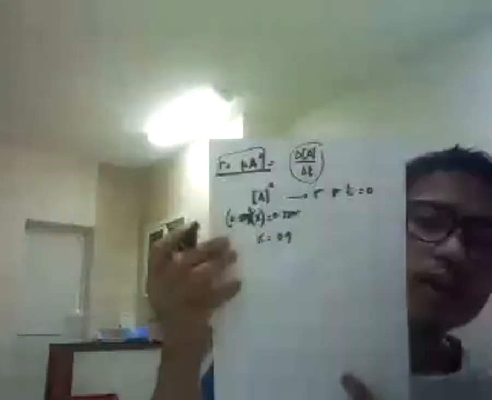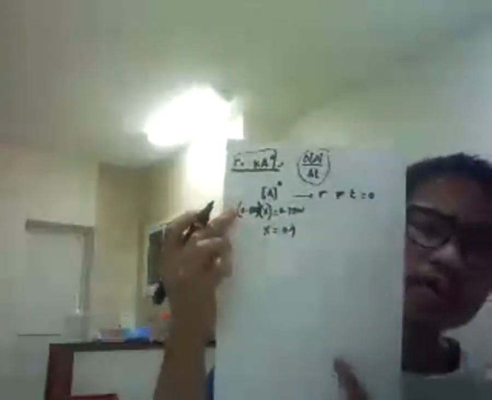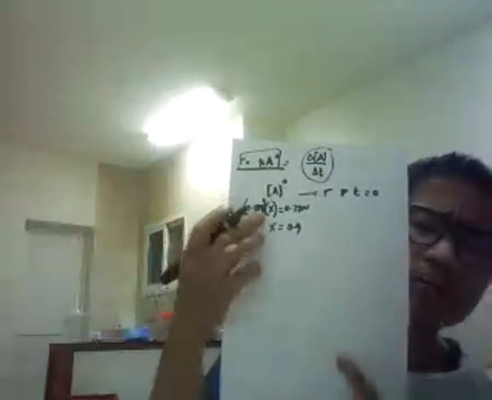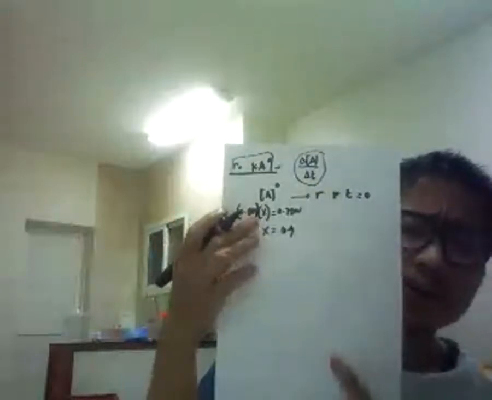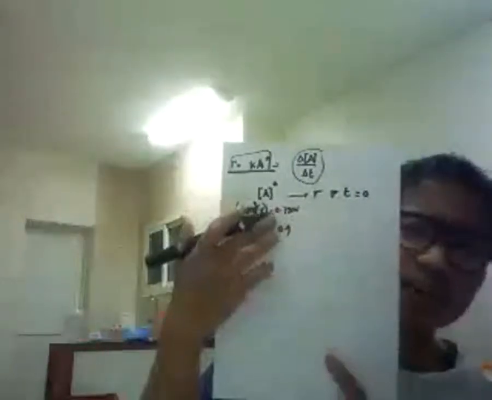So 0.7200 divided by 0.800 equals 0.9. First concentration in trial 1 of the experiment, times X, which is the factor to be multiplied so that it will be equal to the second reading, which is 0.720 concentration.